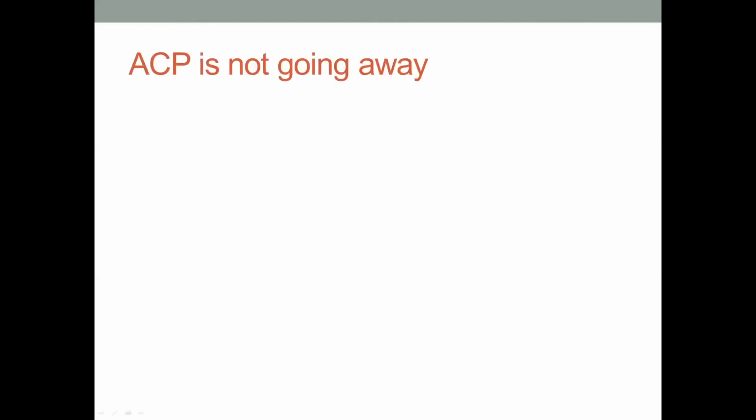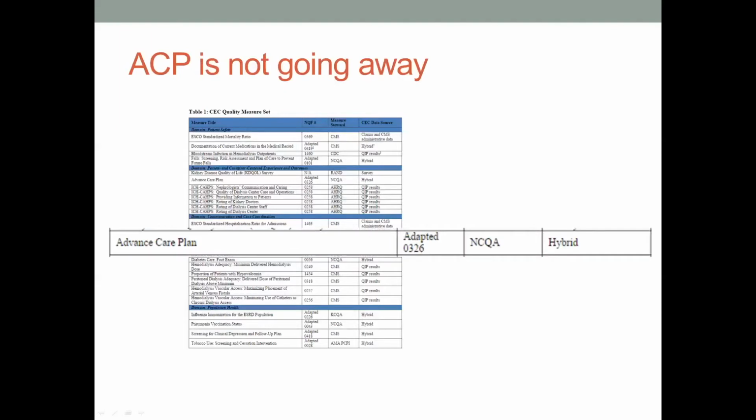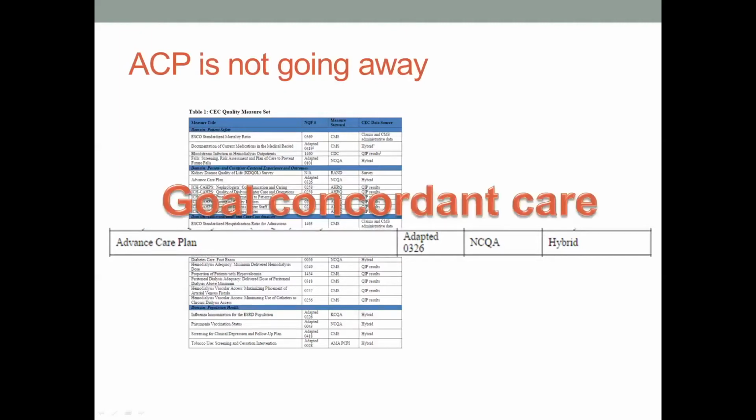So we also know that advanced care planning is not going away. CMS thinks so, and for those of you who are involved in ESCOs, or end-stage renal disease seamless care organizations, essentially accountable care organizations in the dialysis context, we know that advanced care planning is part of the quality measure set. I also think that it's important to realize why advanced care planning is there.